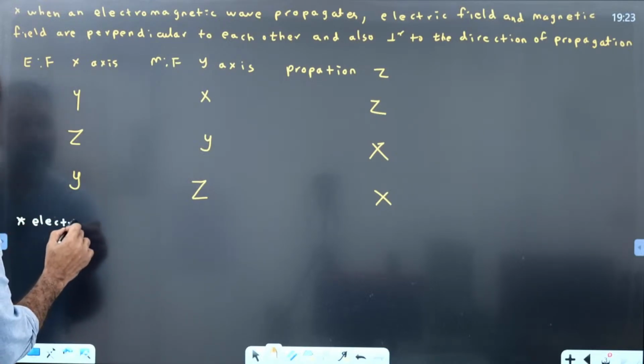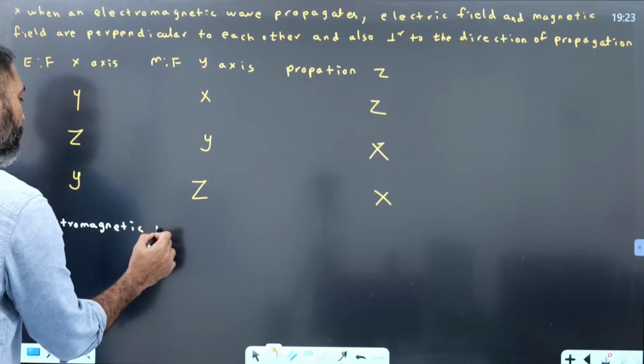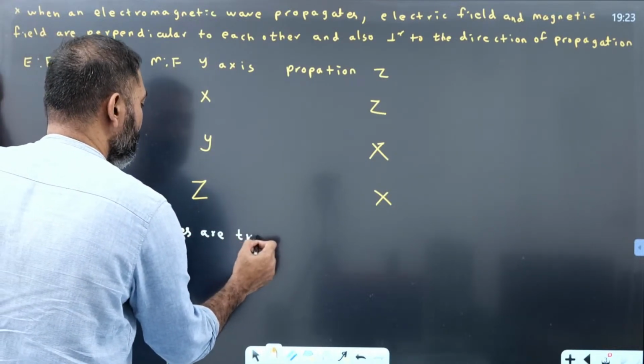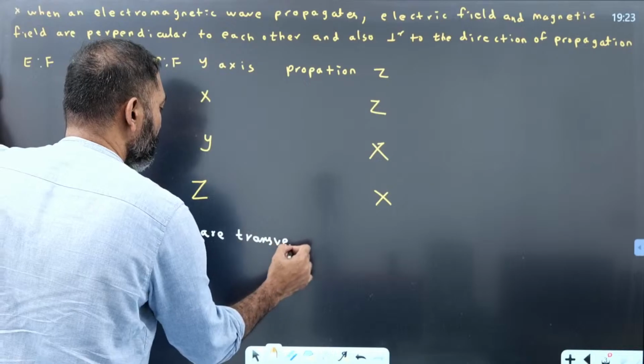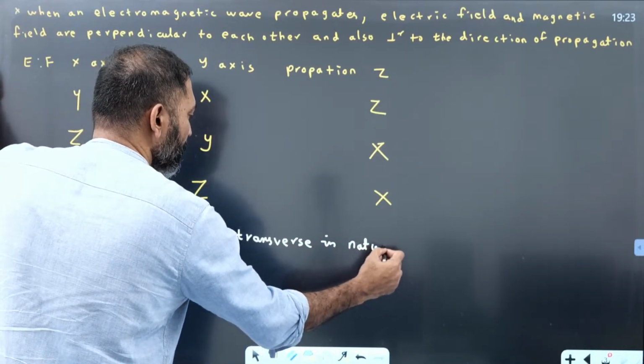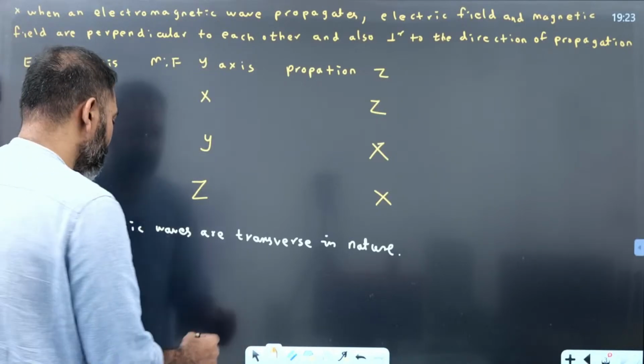Then electromagnetic waves are transverse in nature. What is meant by transverse wave?